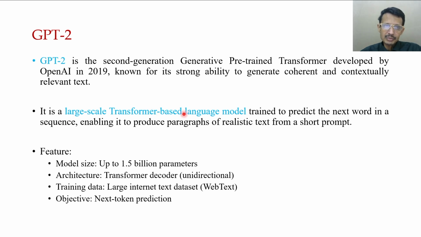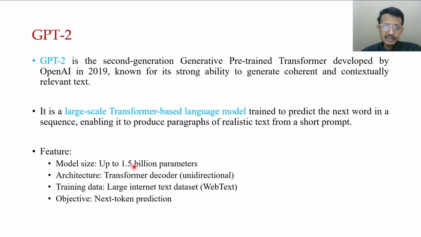It's a large-scale transformer-based language model trained to predict the next word in a sequence, enabling it to produce a paragraph of realistic text from a short prompt. So it's a prompt-based language model that can produce paragraphs of realistic text.